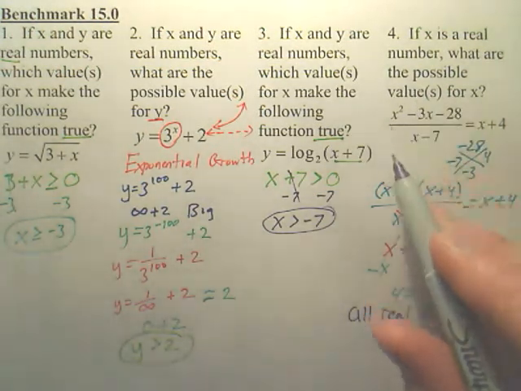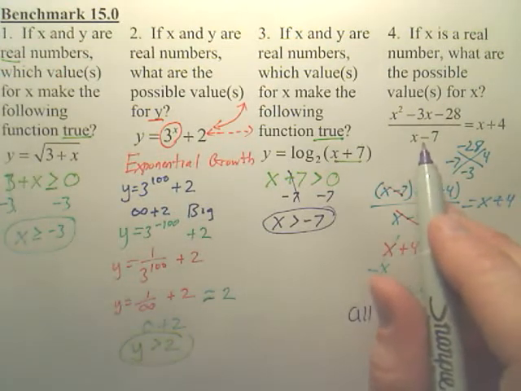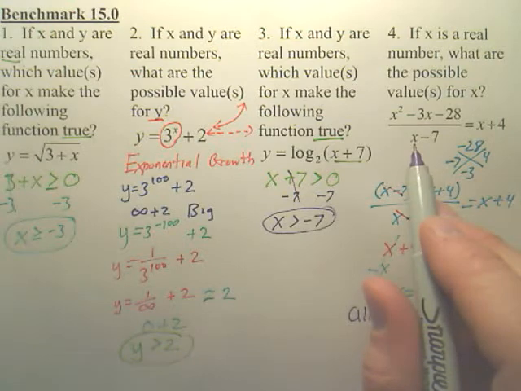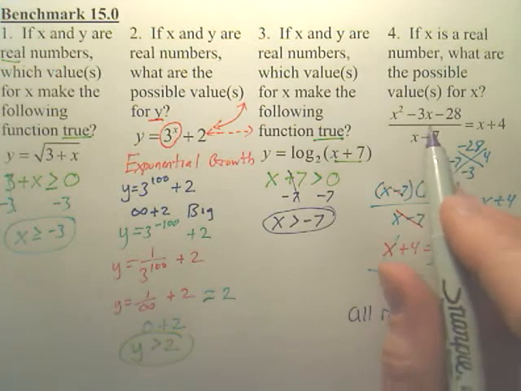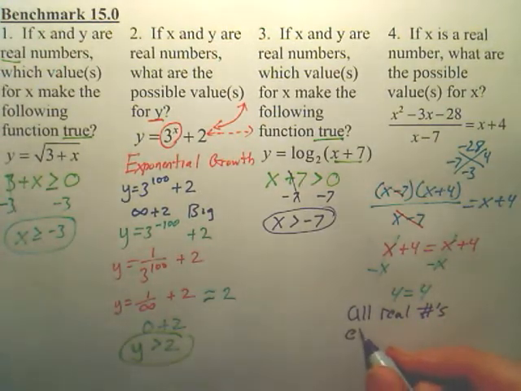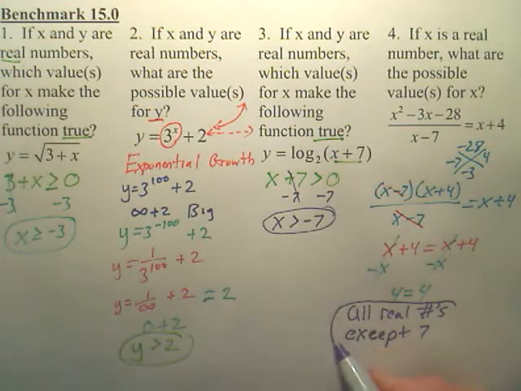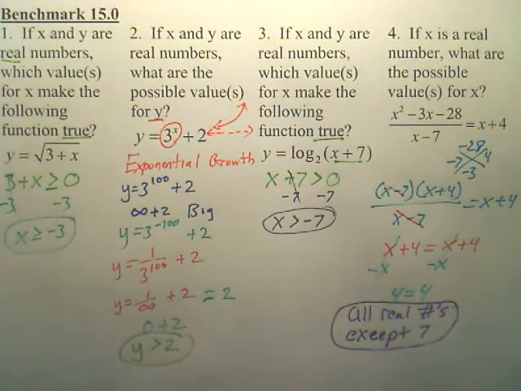Is there one number that would cause a problem? Wouldn't 7 cause a problem right here? If you plugged in 7, what's going to happen on the bottom? You get a 0, because 7 minus 7 is 0. That causes a problem. So it's all real numbers except which one? 7. All real numbers except 7. So everything but 7 will work.